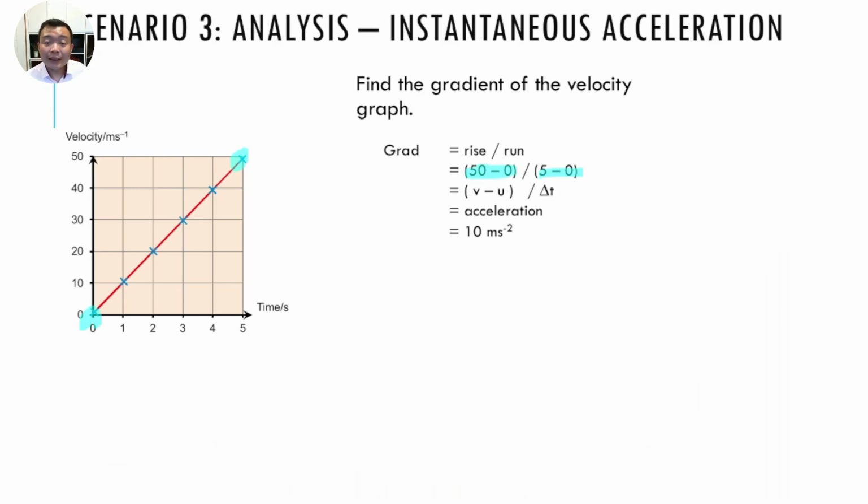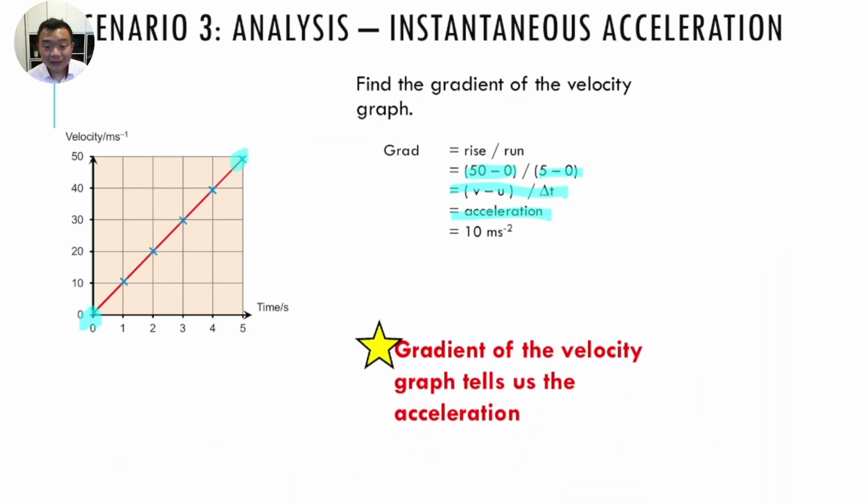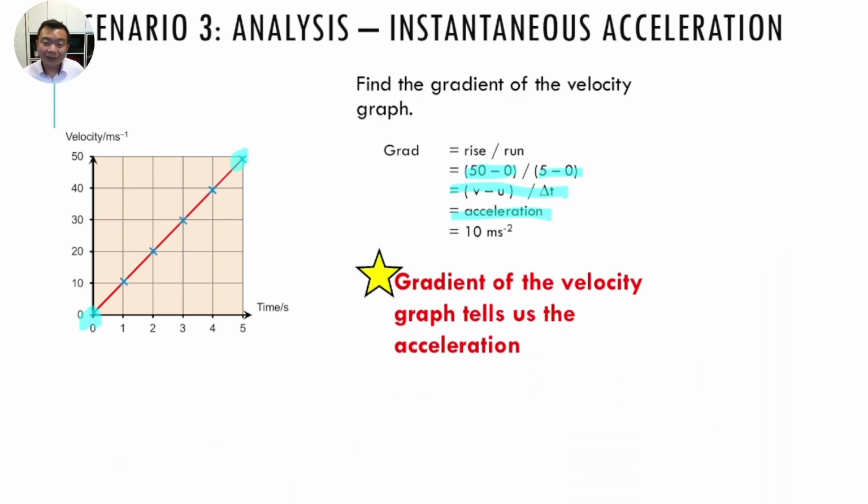This resembles this equation over here, from which you should be able to derive that this is the acceleration. So this new key point is therefore on a VT graph, a velocity time graph. If you find the gradient, that should give you the acceleration value.